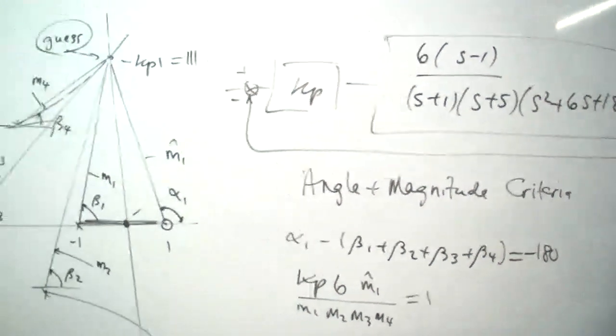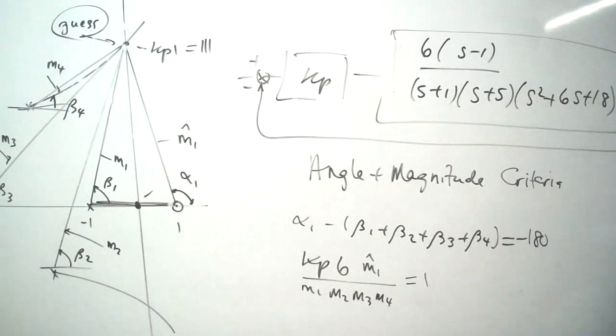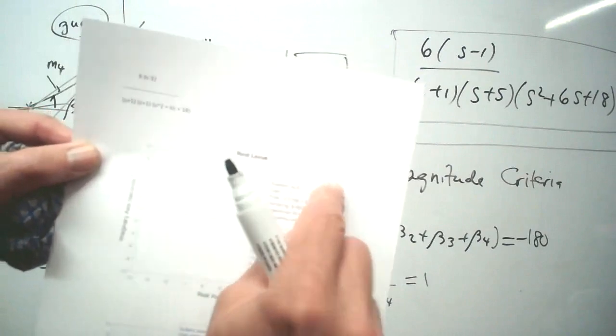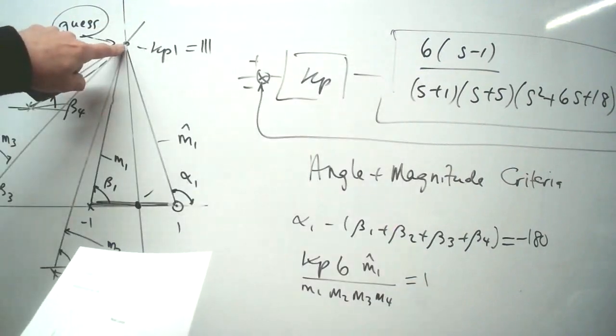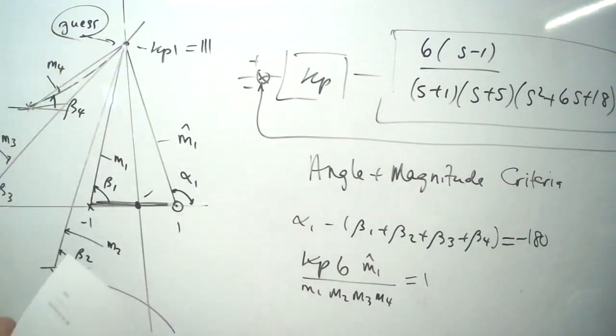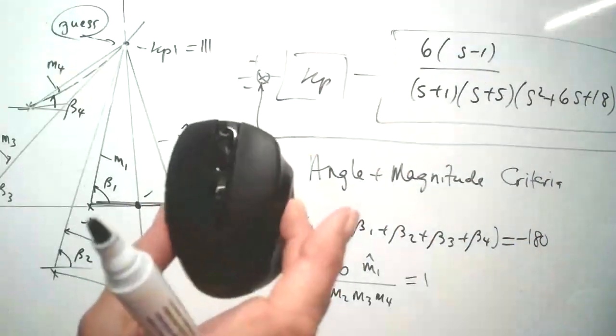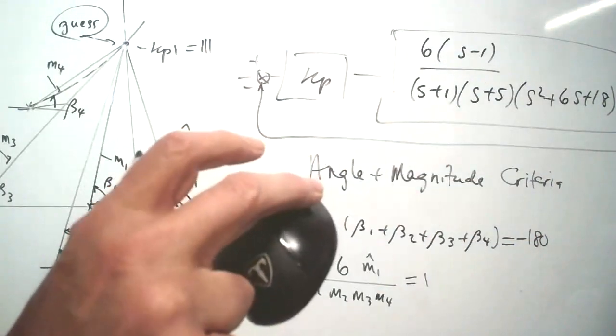If you've done this in MATLAB, you'd have got a root loci sketch here. You can't see it very well. And if you moved your mouse to this point here, this is your mouse here, my Tesla mouse.